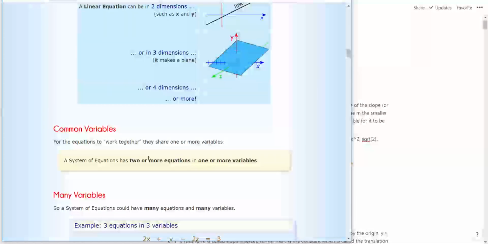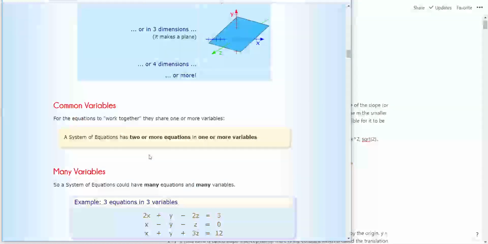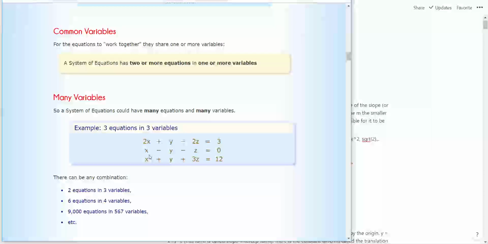For equations to work together, they share one or more variables. A system of equations has 2 or more equations, and 1 or more variables. So a system of equations could have many equations and many variables.